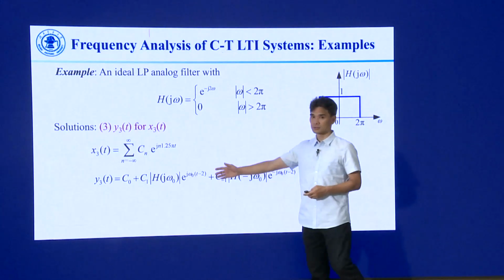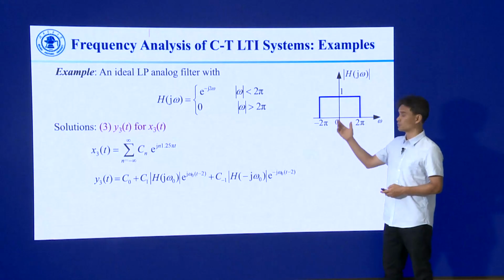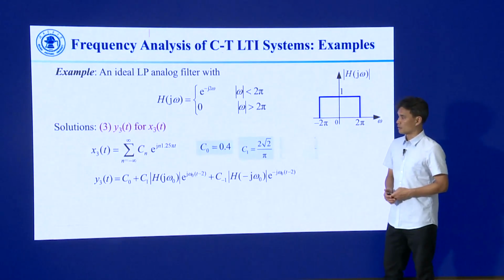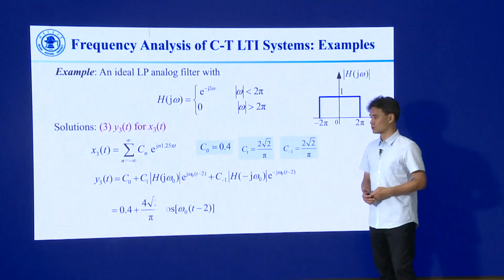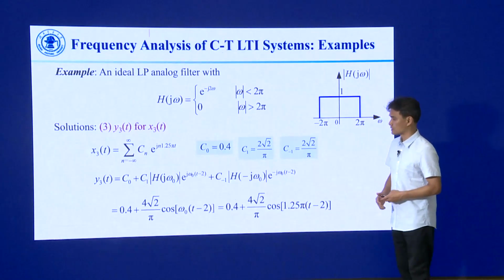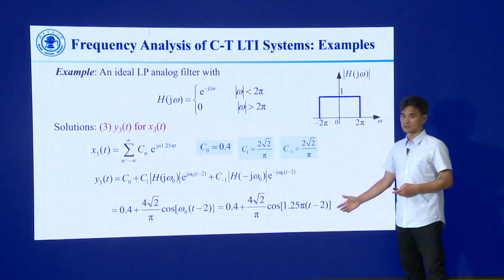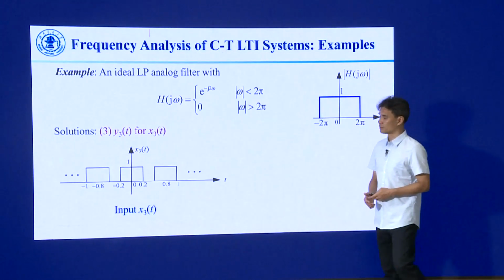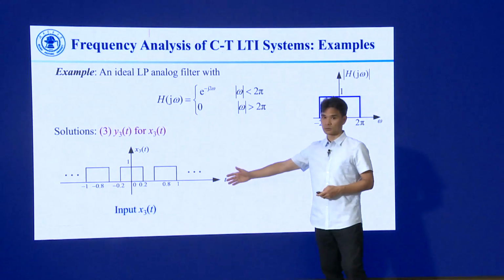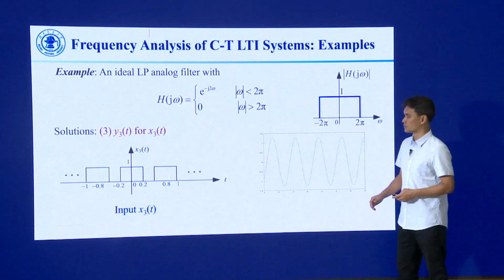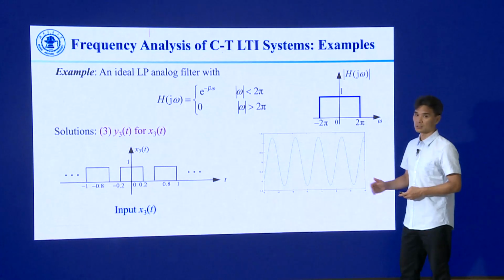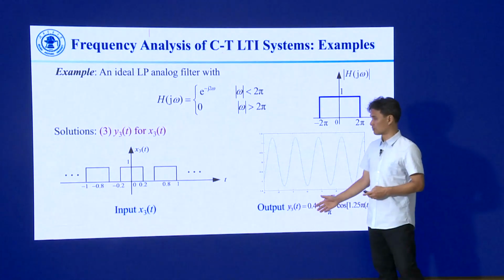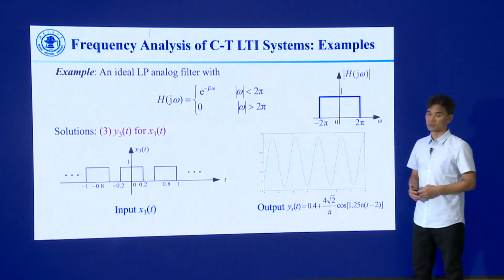Only 3 terms can go through the system. Plugging in these parameters, we get the system's zero-state response in the time domain. Here is the input signal in the time domain, and here is the output in the time domain. We ignore the DC component in this graphic representation.